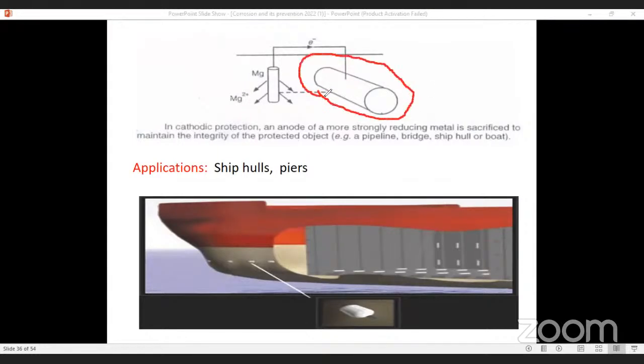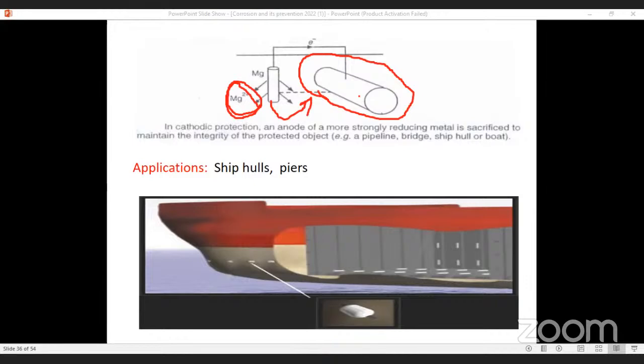The other metal, having more oxidation potential, will be involved in oxidation.